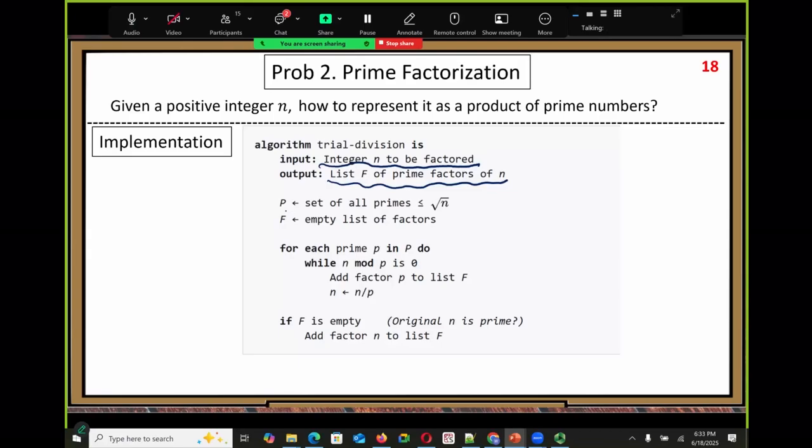Then, when you start, you take the data range. Remember your little p's all come from a list, the set of all primes.